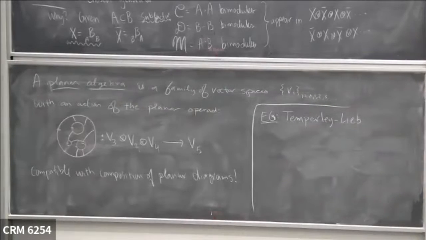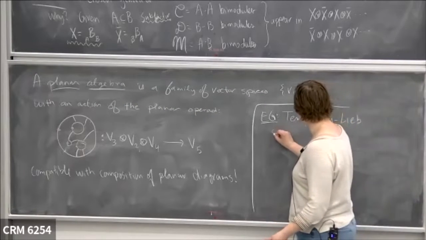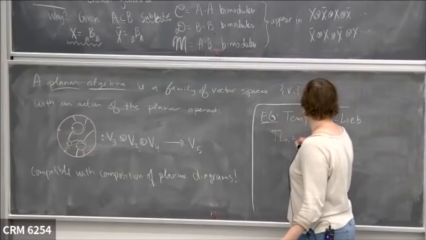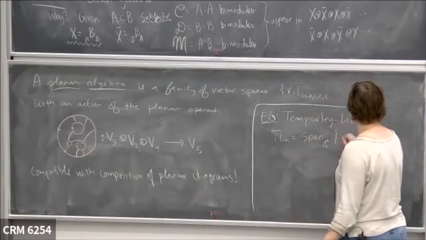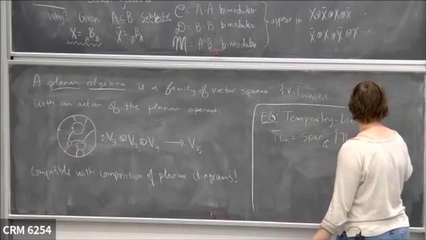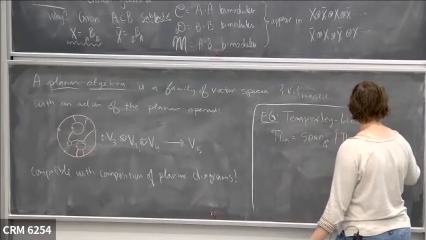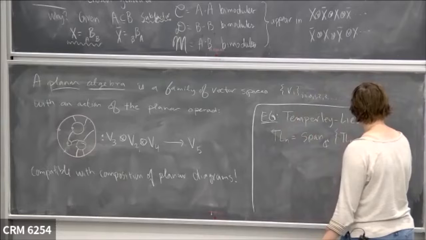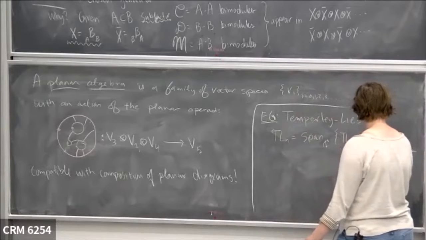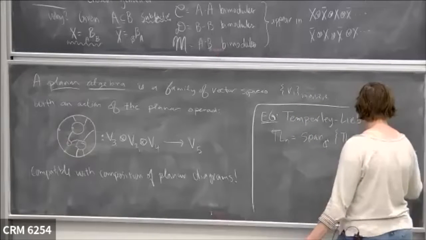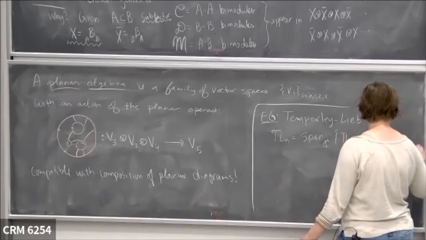Okay, the Temperley-Lieb algebra is in fact the Temperley-Lieb planar algebra, right? TLN was the span of these TLN diagrams between endpoints on a line and endpoints on a line below, right?